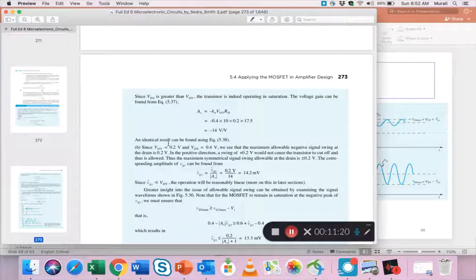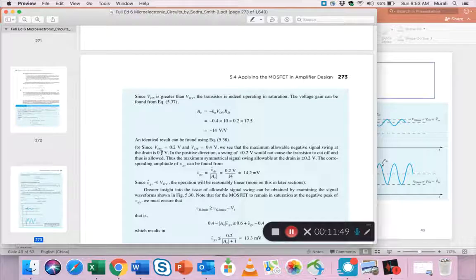The lower cutoff or the saturation limit, B as in boy. So for that he says just use VOV equals 0.2 volts, because he has given us the overdrive voltage 0.2, and so you can swing from 0.4 to 0.2. That means you are allowed a negative swing of 0.4 minus 0.2, which is 0.2.